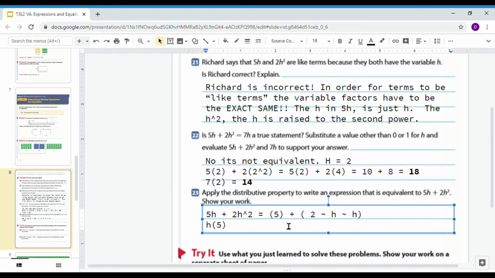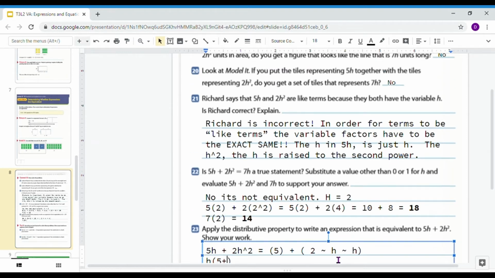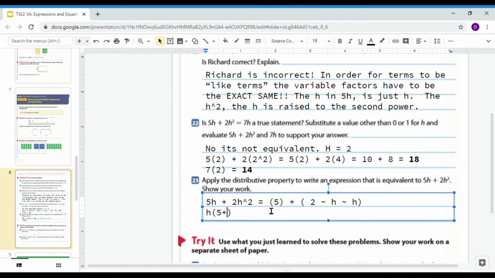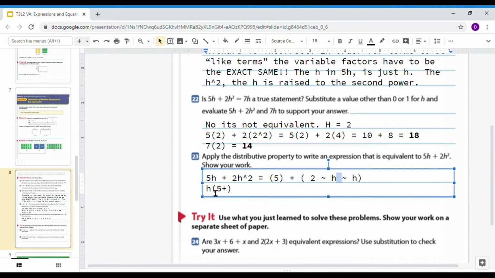Now I've got my addition sign. And I've got this 2 times h times h. And this one is interesting because I've got 2 variables here. So in this case, when I pulled out this h to do the distributive property, I pulled out 1 h.